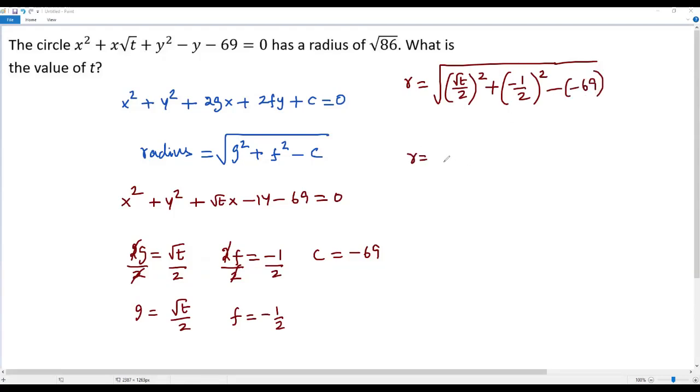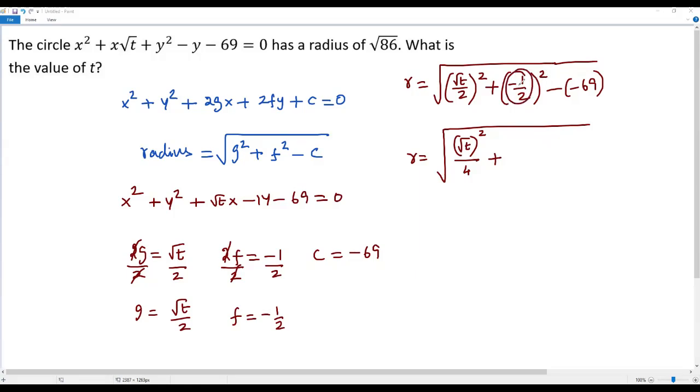So r equals the square root of, here we have exponent 2 for the fraction √t over 2. Whenever we have an exponent for a fraction, the exponent can be taken separately for numerator and denominator. Then I'm getting (√t)², and 2² is 4. Here we have an even exponent for a negative value.